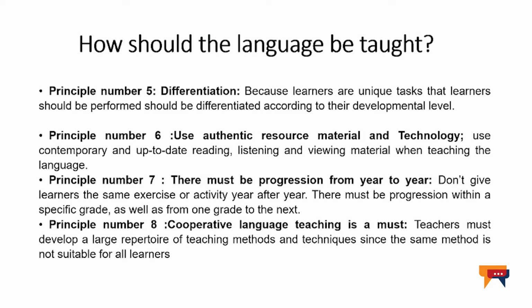Principle number 8, cooperative language teaching. It's a must. Teachers must develop a large repertoire of teaching methods and techniques, since the same method is not suitable for all learners.